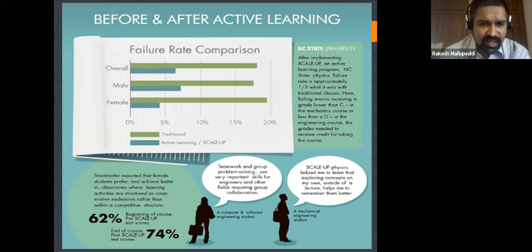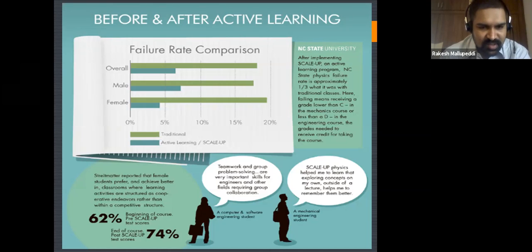If you can see at the bottom left, the study reported that female students prefer and achieve better in classrooms where learning activities are structured as cooperative endeavors rather than within a competitive structure. Like I mentioned before, female students prefer this active learning more, and their level of success has gone up with this.